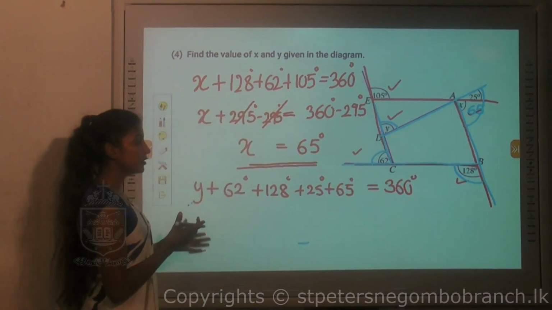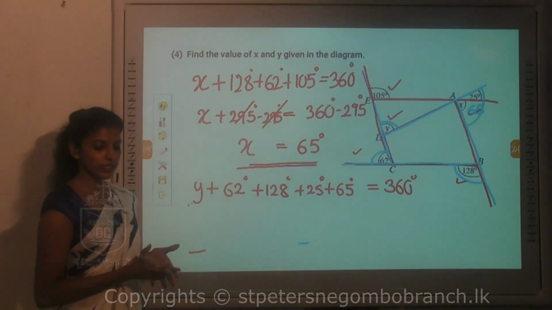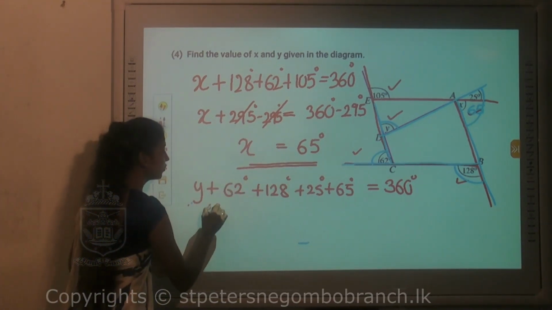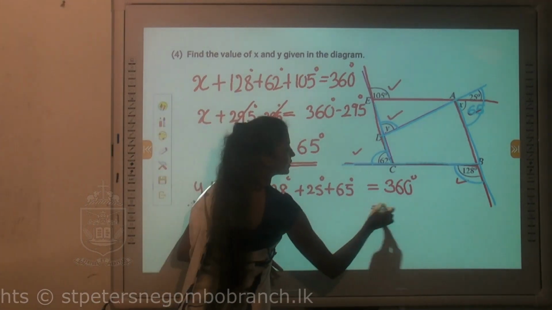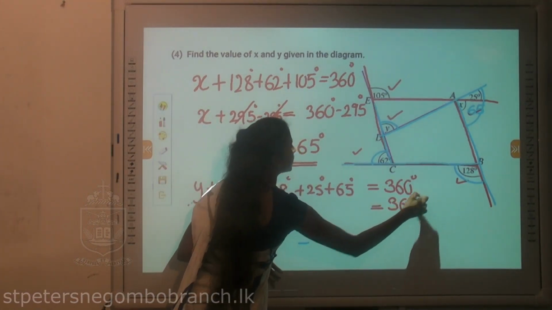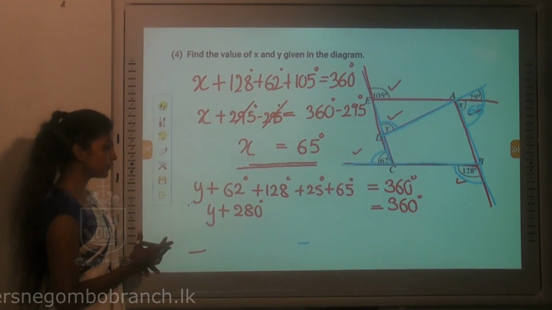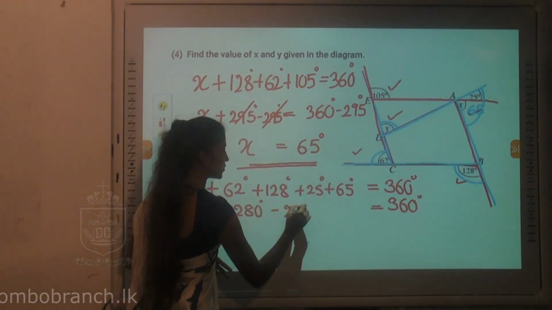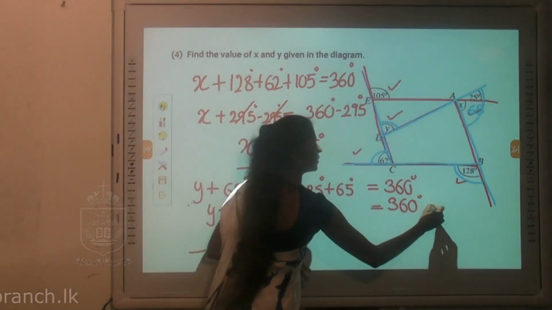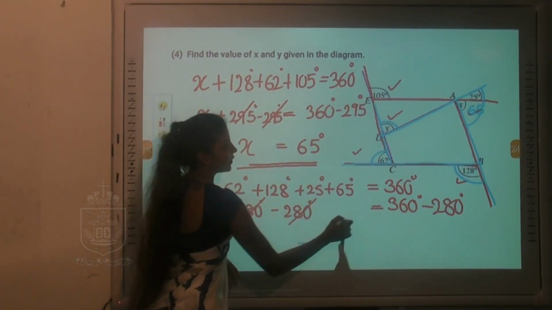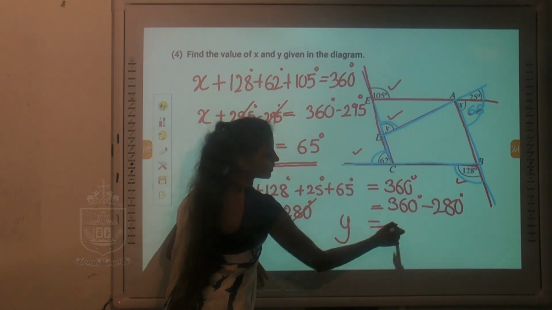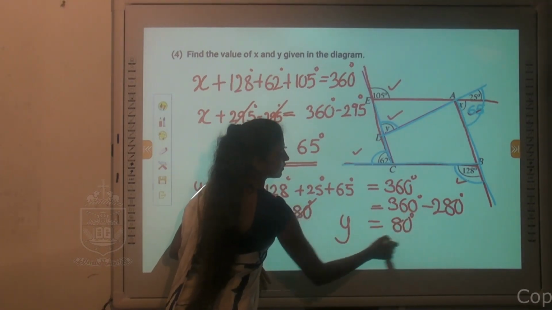So once you add all four known terms, 280 is the answer. Here 360 degrees. Then you can subtract 280 from this side. So this will be cancelled. Our final answer is 80 degrees.